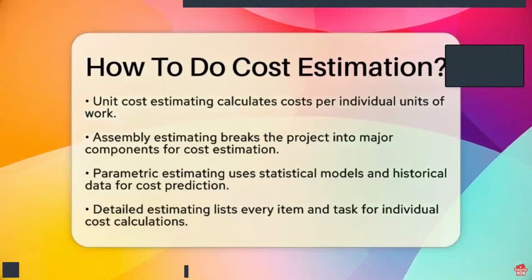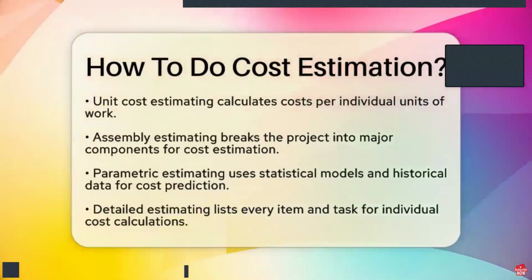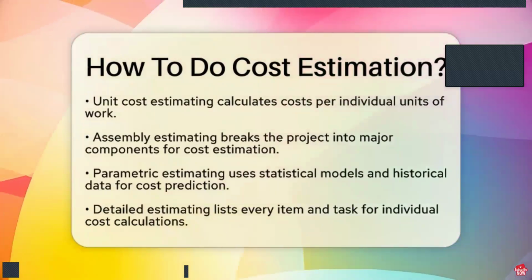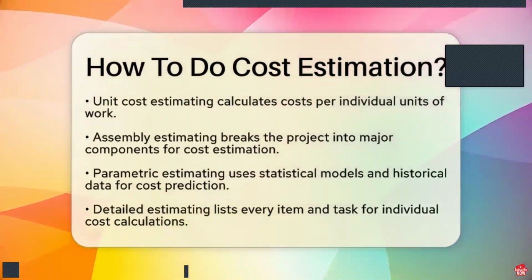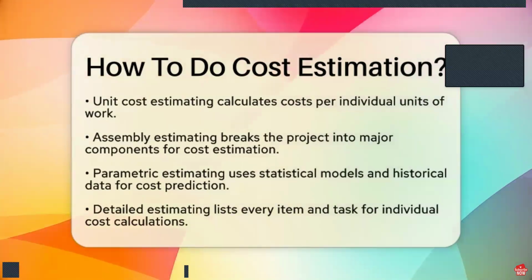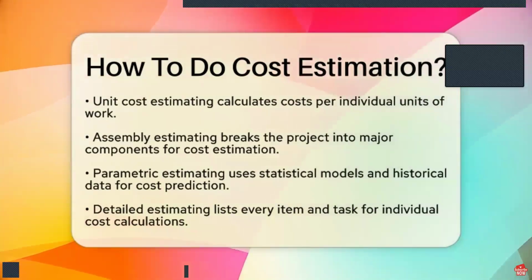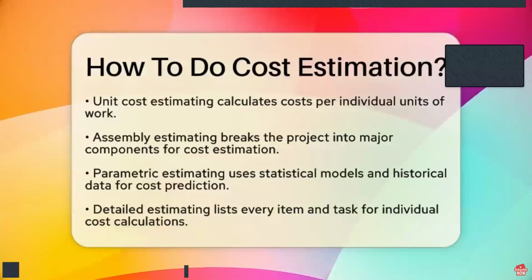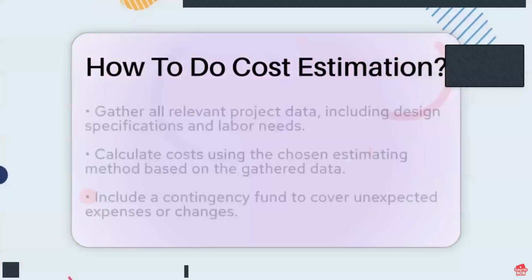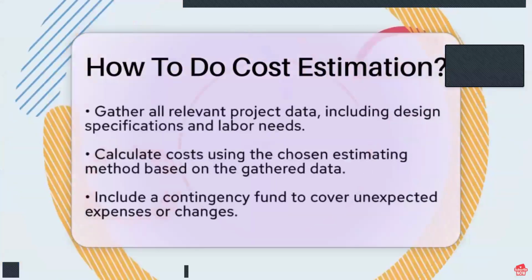Next, gather all relevant project data. This includes design specifications, materials needed, and labor requirements. Having detailed information is essential for making accurate cost estimates. Once you have your data, it is time to calculate costs using your chosen method.